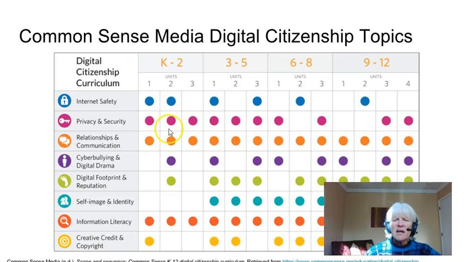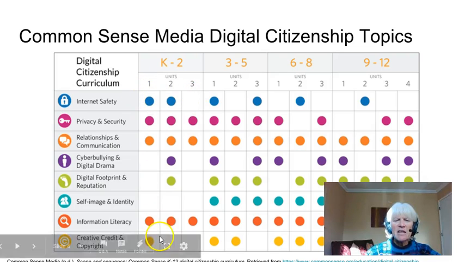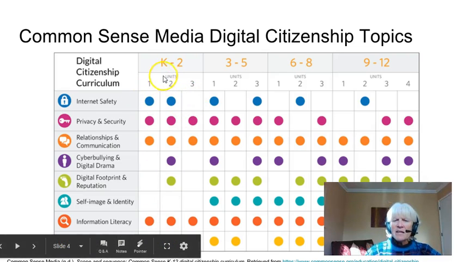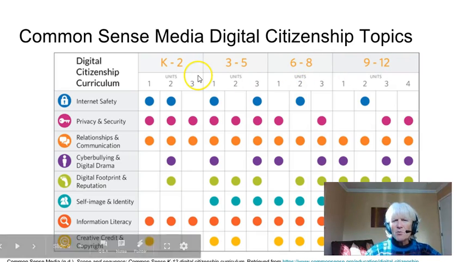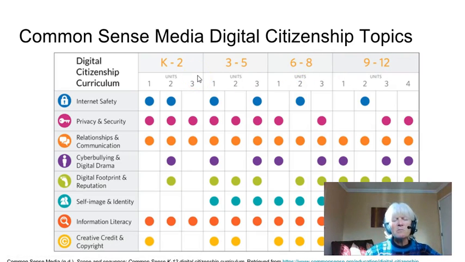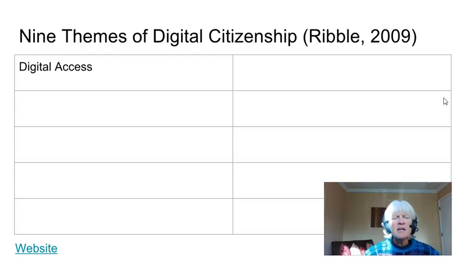At their website, you can download lessons that are aligned with these 8 topics and across these grade ranges so that you could either modify them or use them as is, but that's the way they structure their definition of digital citizenship.